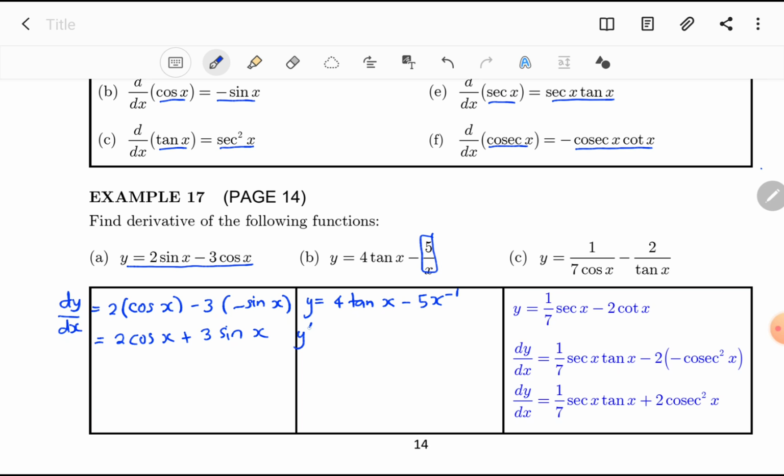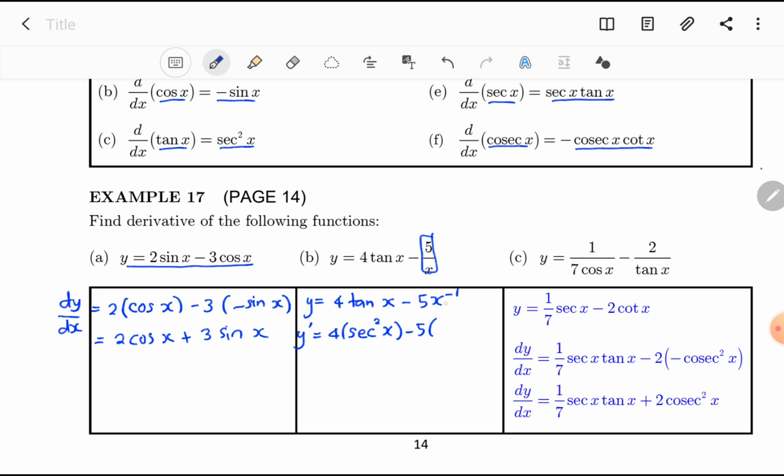And then y prime equals, for the coefficient, differentiate tangent will be sec square x, and minus 5 the coefficient.